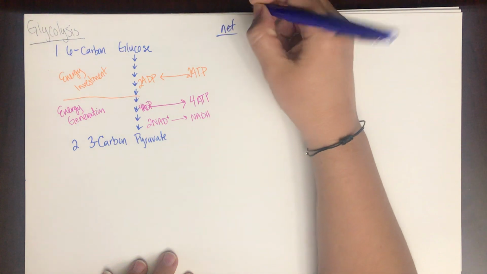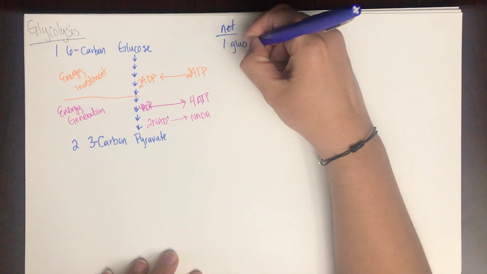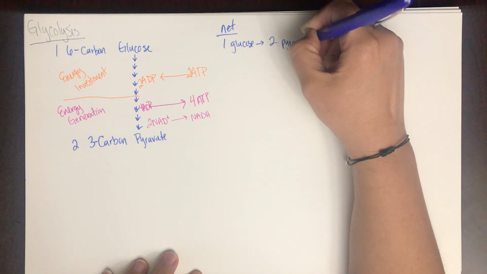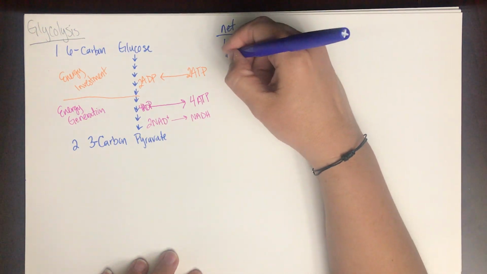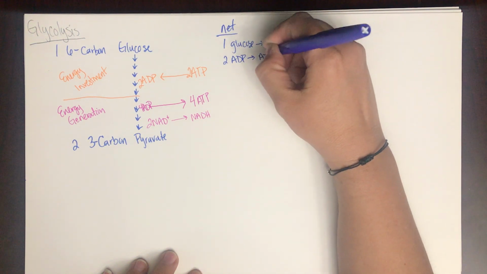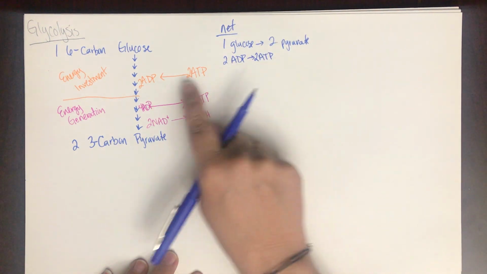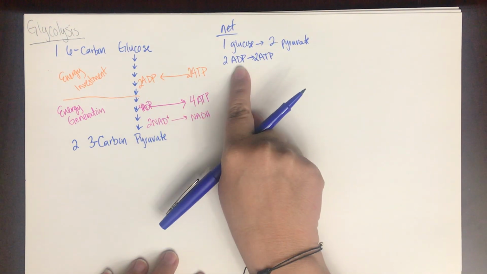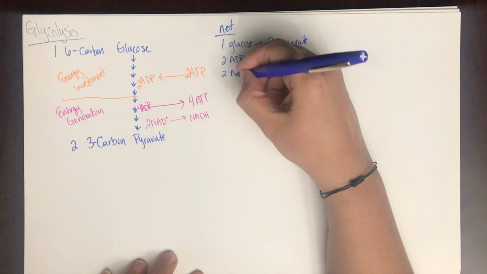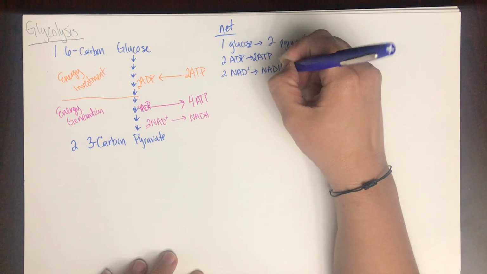So net, what is happening is 1 glucose is producing 2 pyruvates. We are converting 2 ADP to ATP because we are using 2, making 4, so a net of 2. And we also are reducing 2 electron carriers, NAD plus to NADH.